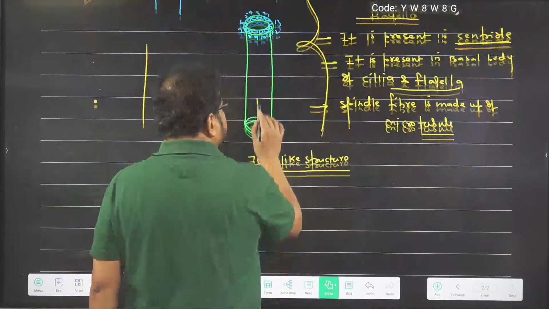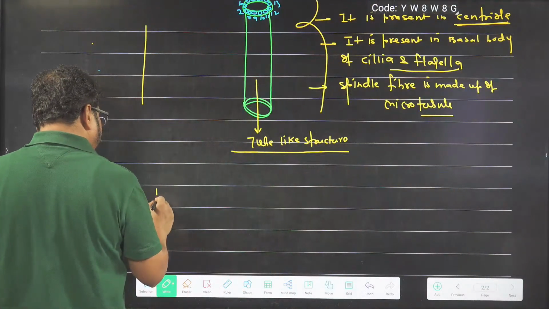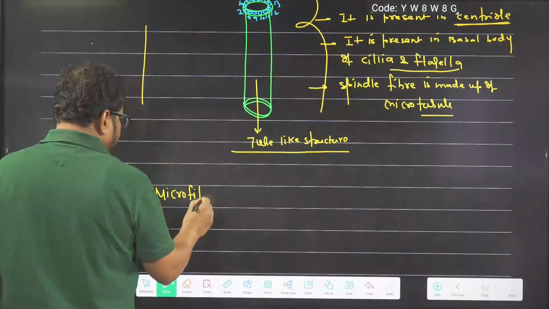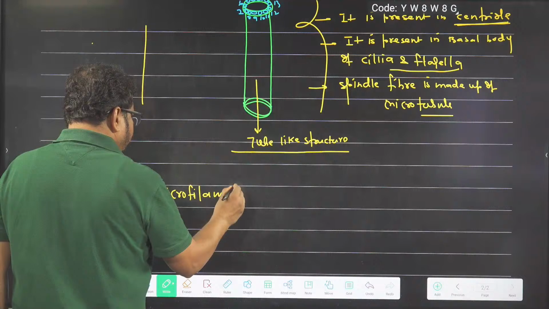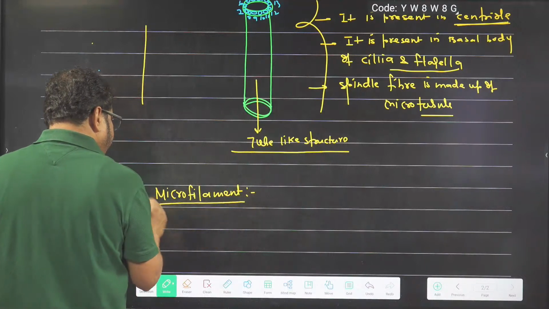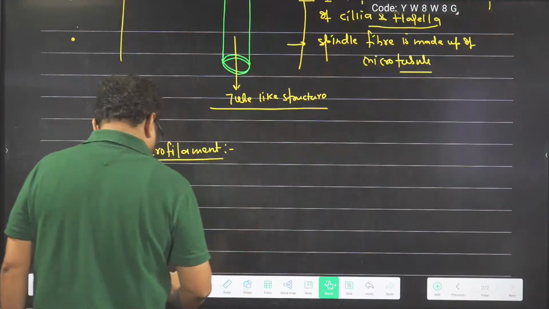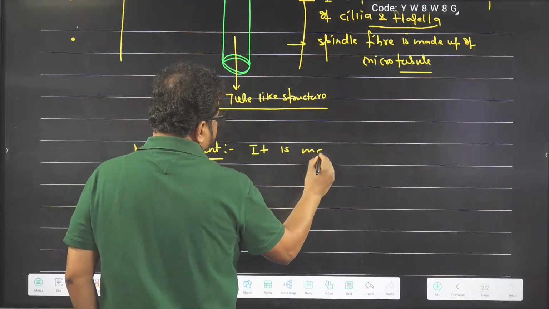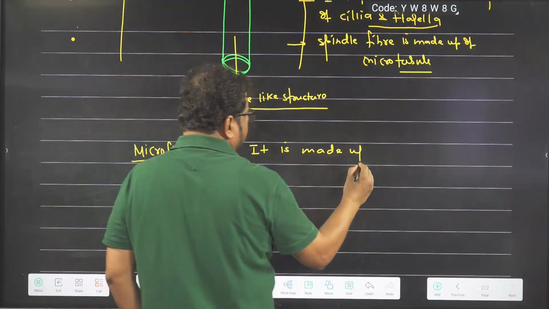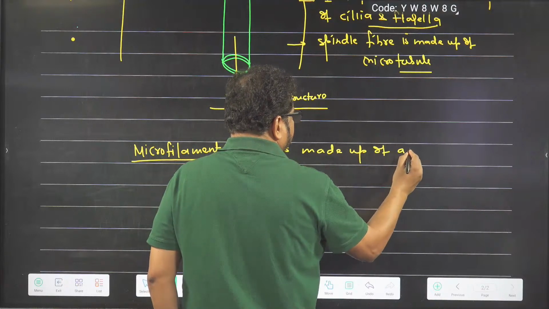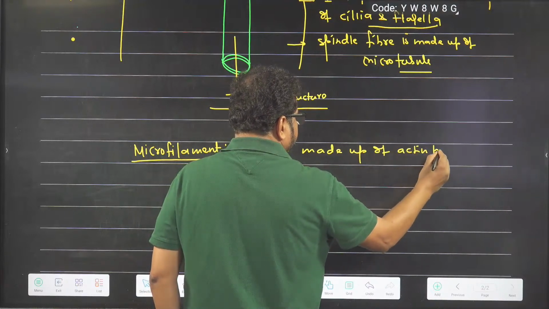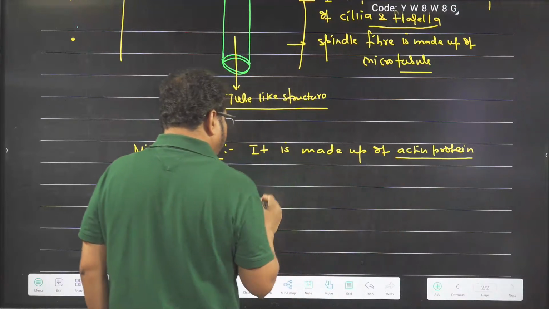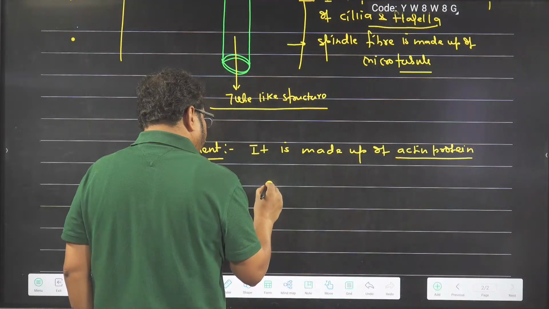Now I am giving you a basic idea about microfilament. Once again I am telling more than NCERT, here it is not in textbook. Simply I am writing, it is made up of actin protein. So when many actin proteins polymerize, suppose that it is actin protein.